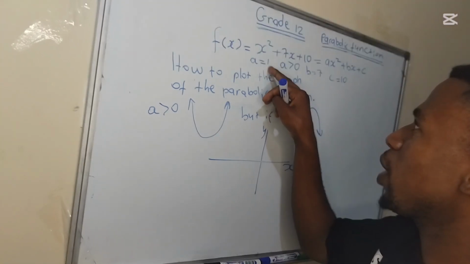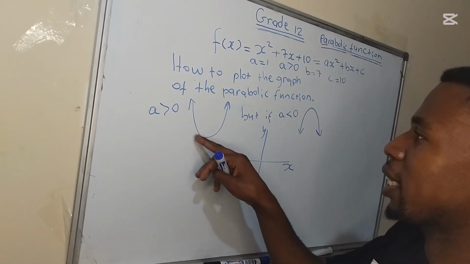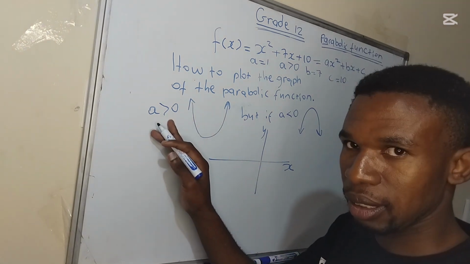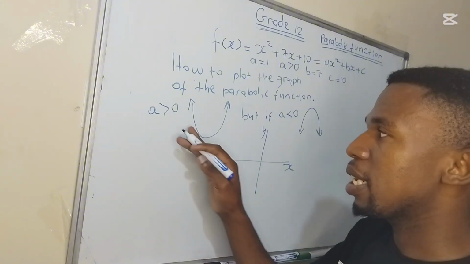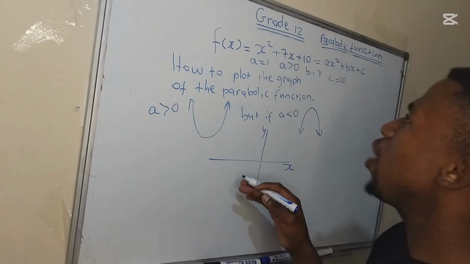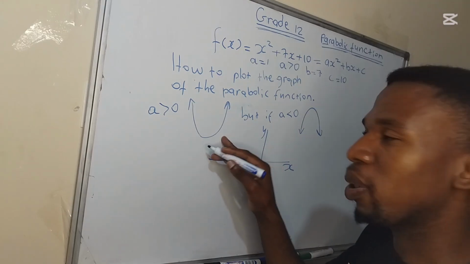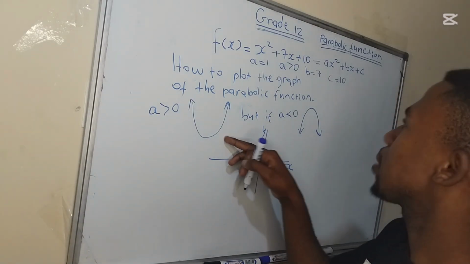So since our value of a is positive, our graph is going to be a smiling parabola, concaved upwards.